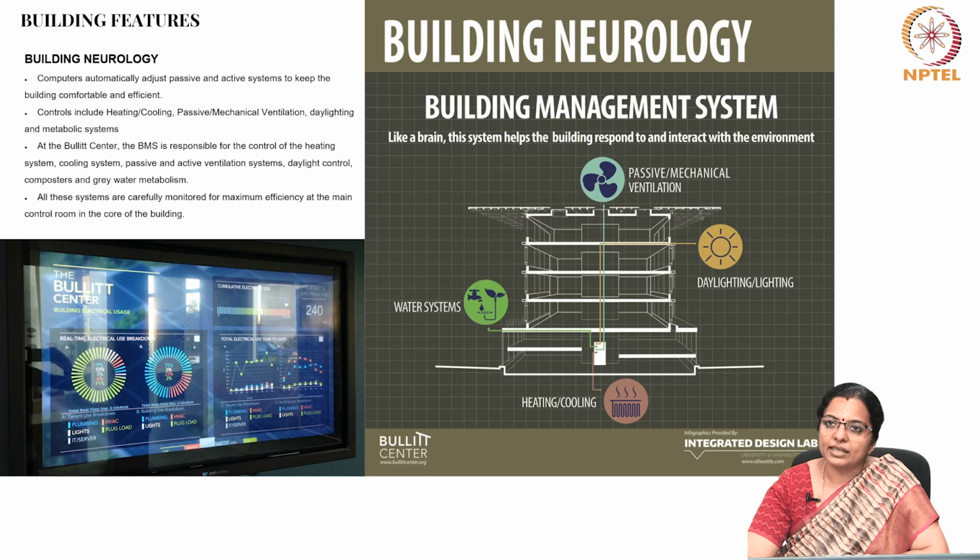At the Bullet Center, the building management system is responsible for the control of the heating system, cooling system, active and passive ventilation system, daylight control, composters, grey water metabolism, and security. All these systems are carefully monitored for maximum efficiency at the main control room in the core building.